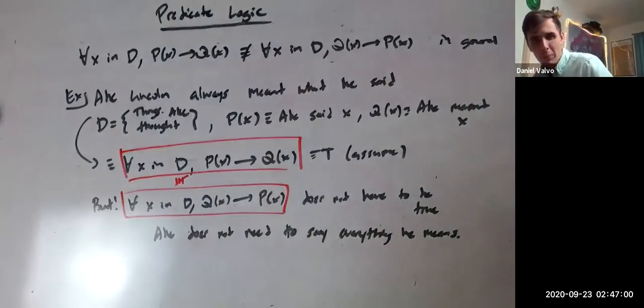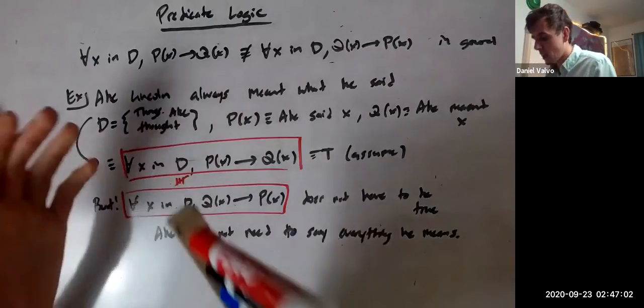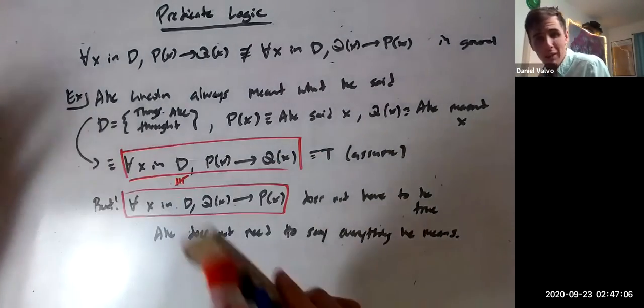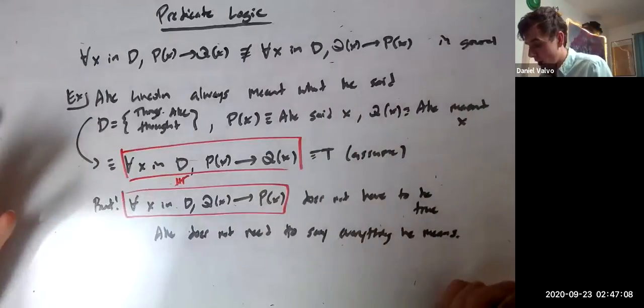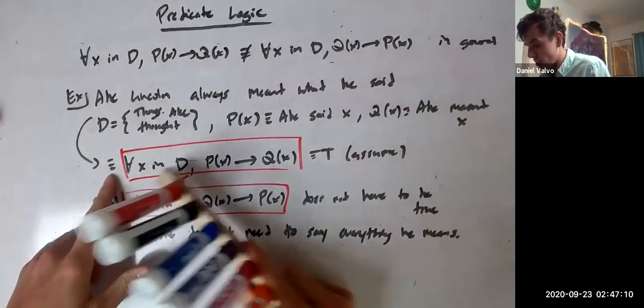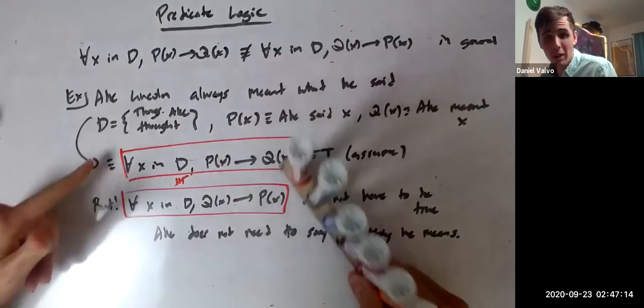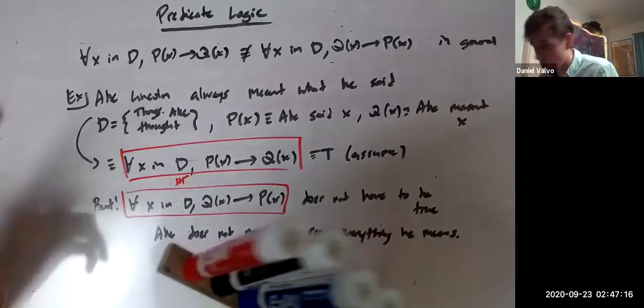We found an example of a domain D, a P of X, and a Q of X, where the conditional is not equivalent to the converse. So in general, these two statements are not equivalent, but sometimes they will be.